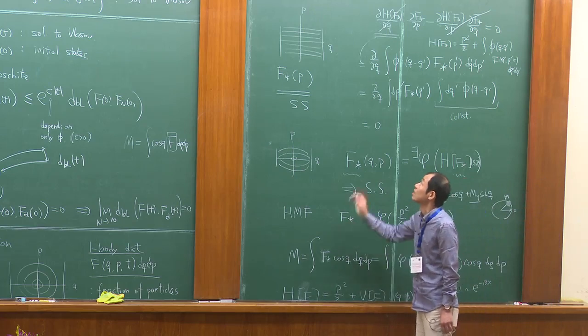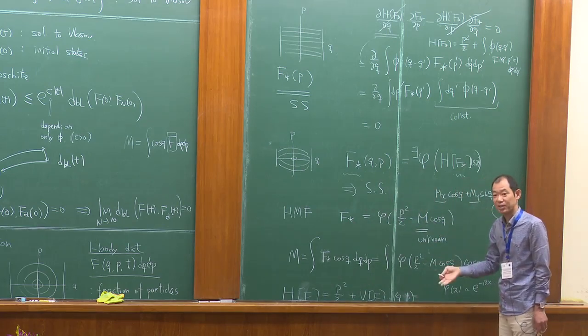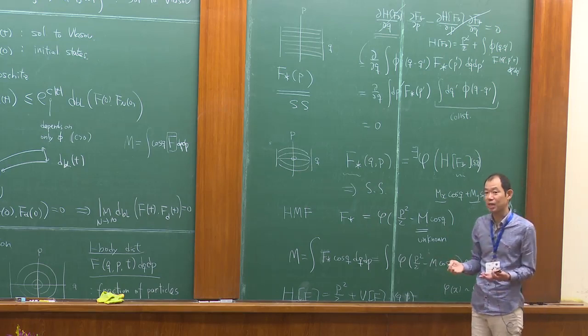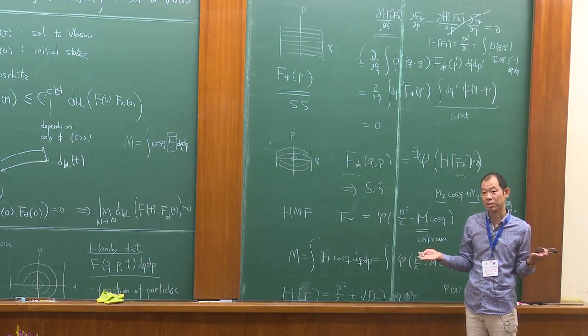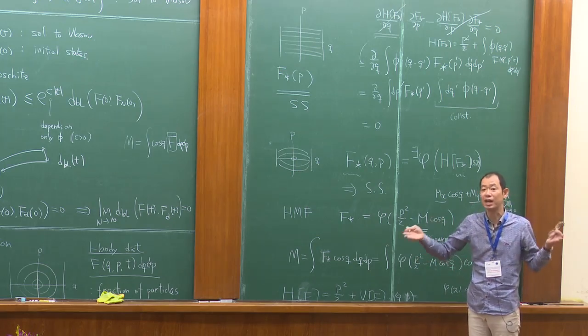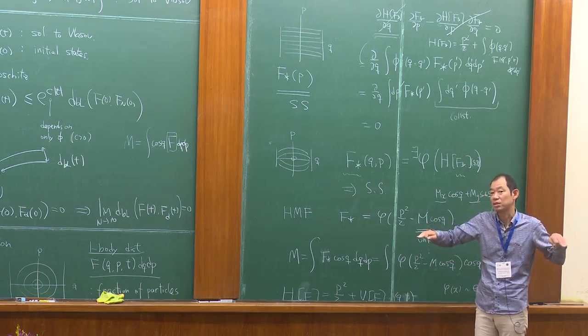Because imagine Q is not periodic. Is it possible to have a spatially homogeneous distribution? It is impossible. For instance, if Q is in R, the homogeneous distribution cannot be normalized.